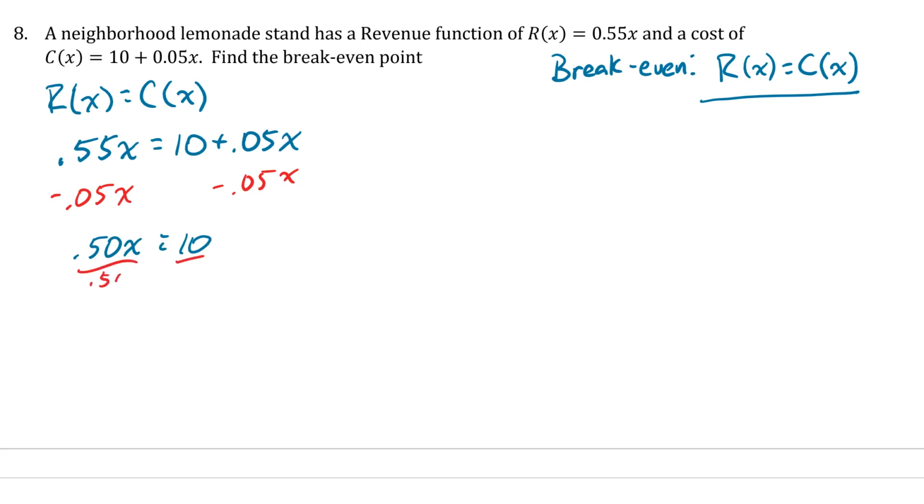Divide both sides by 0.5. And we're going to get x equals 20. So the break-even point is when we have 20 items. So any less than 20 items, and we're going to end up just owing money. Any more than 20 items, we'll actually start to make some money.